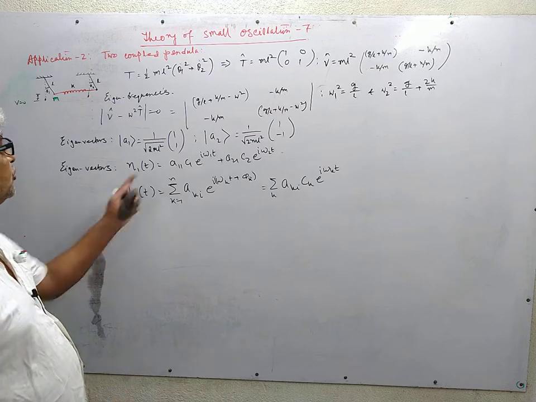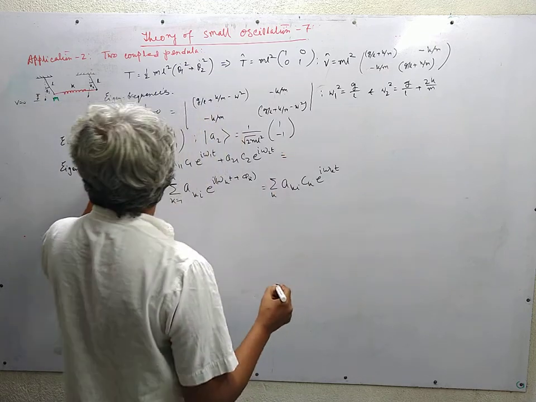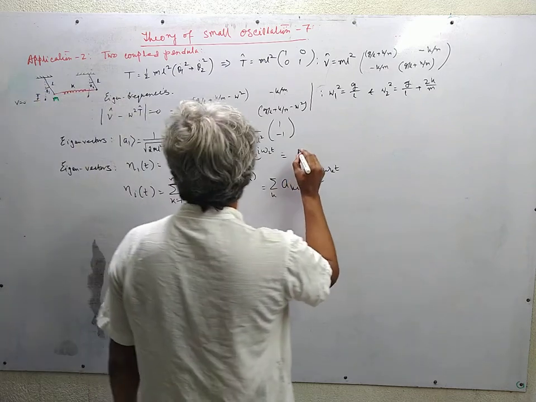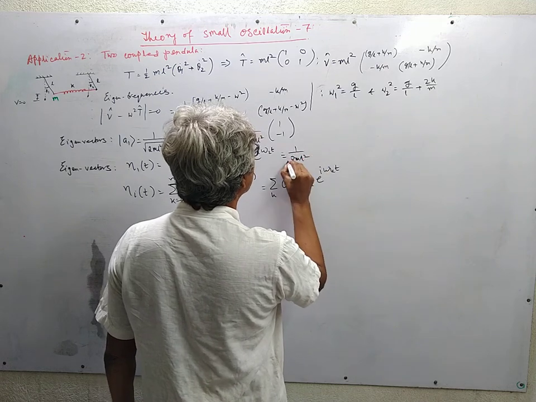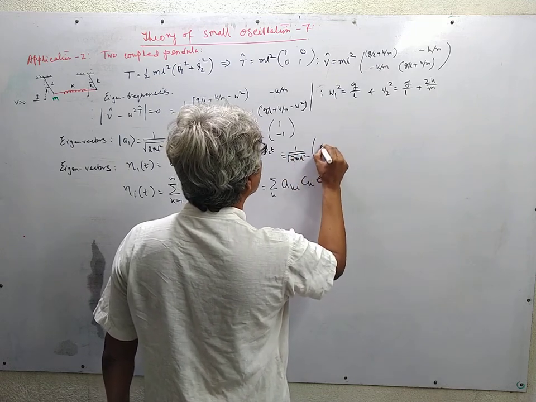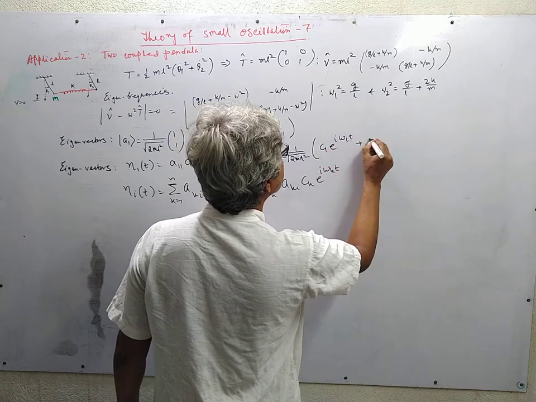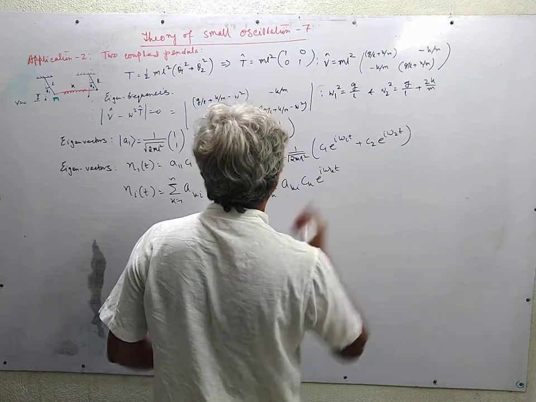If we use the value of a11 and a12, this is 1 upon 2 ml square root, then we have c1 e to the power i omega 1 t plus c2 e to the power i omega 2 t.